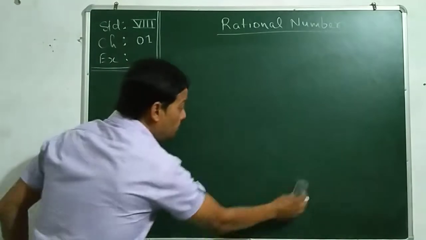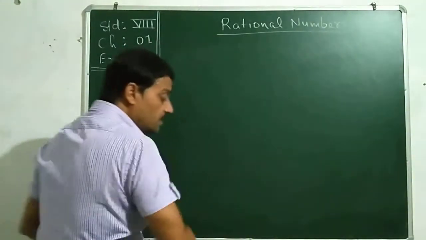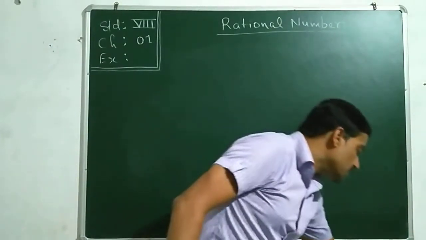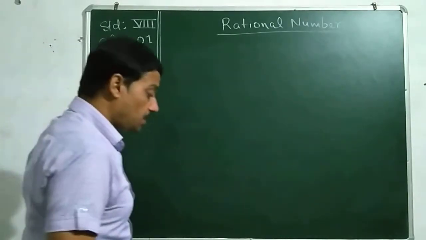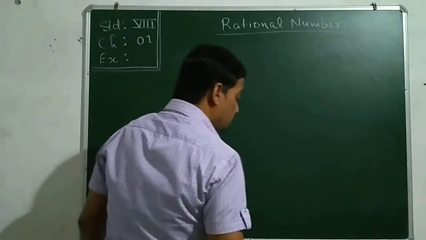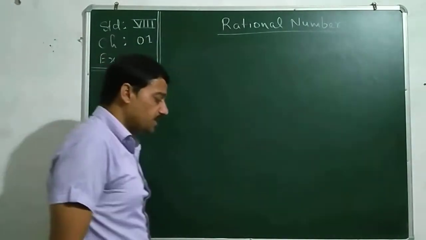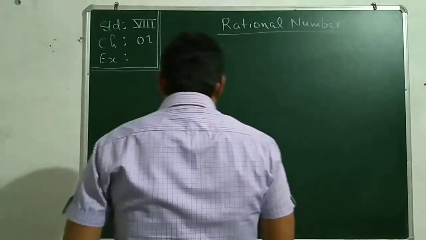They are very similar to the properties of integers that you had already learnt in the previous class. Rational numbers also have similar properties. See how. The first one, remember, was the closure property.